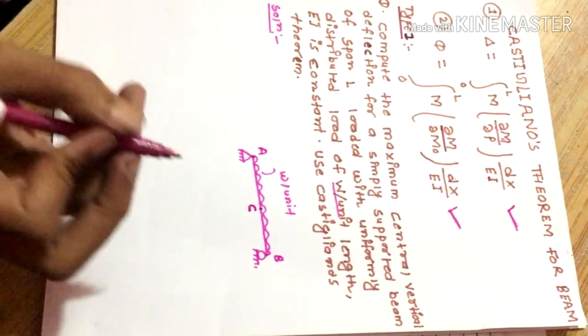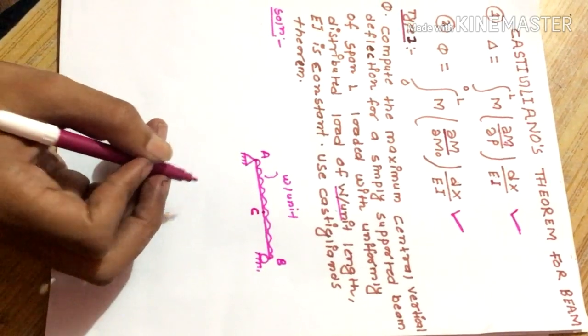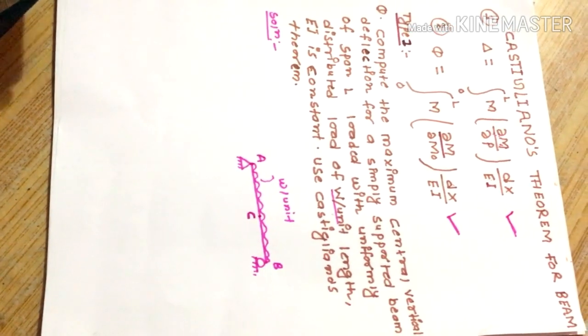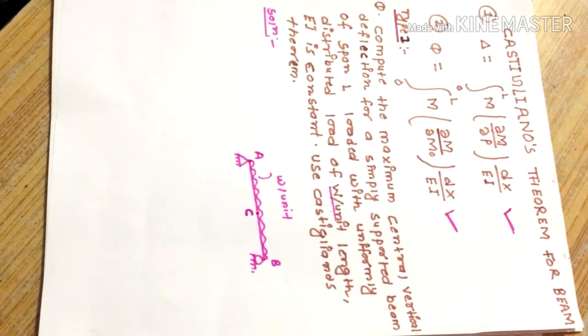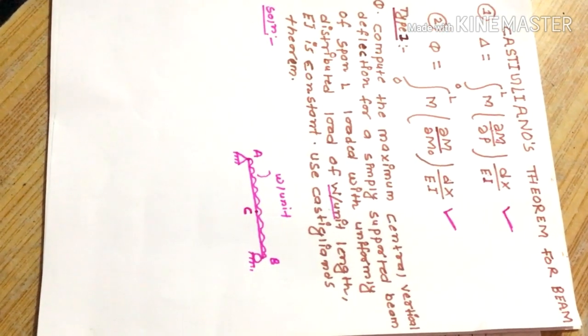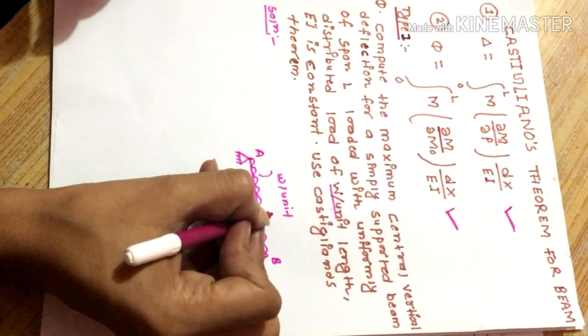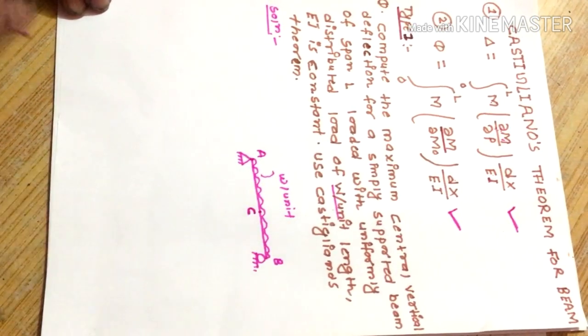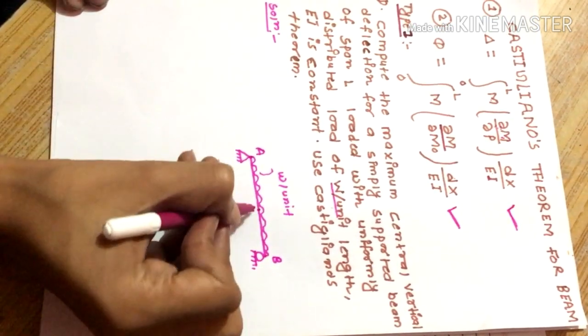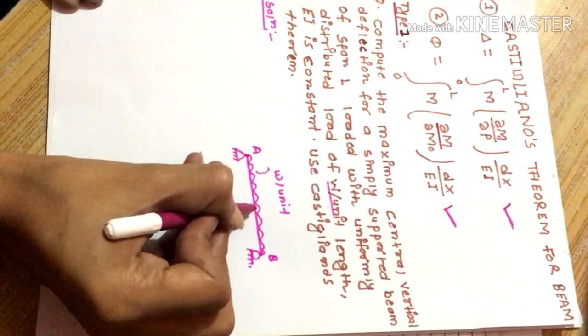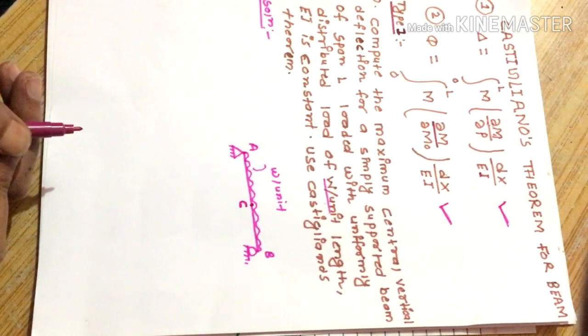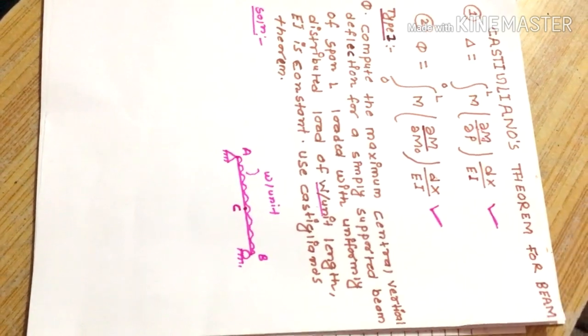To calculate the maximum vertical deflection, we have to use a dummy force or imaginary force at that point where we have to calculate the deflection. Here we have to calculate at the center C, the maximum central deflection.